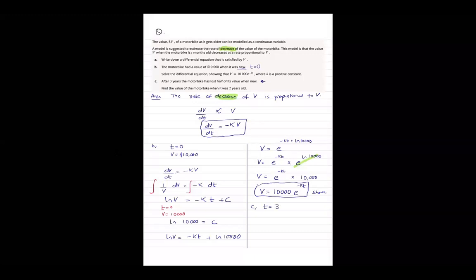T is 36. V is going to be 5,000. Yes. So by keeping V as 5,000 and T as 36, you can find the value of K.